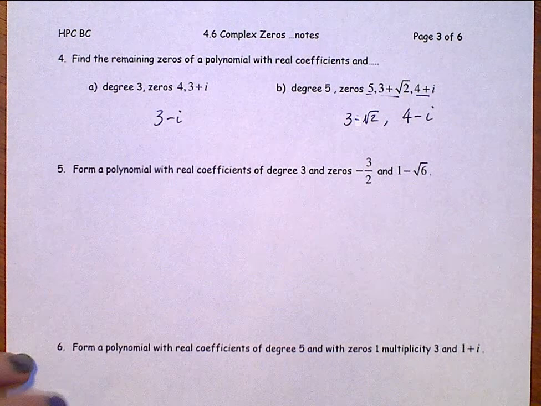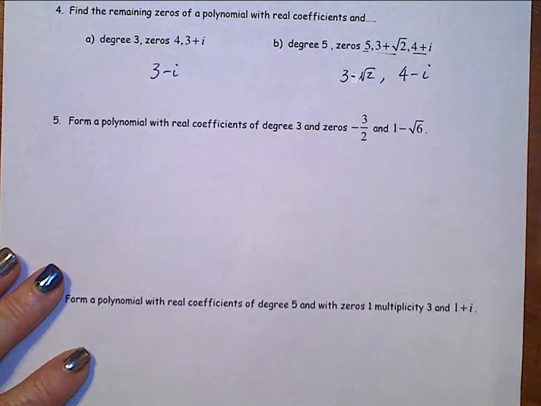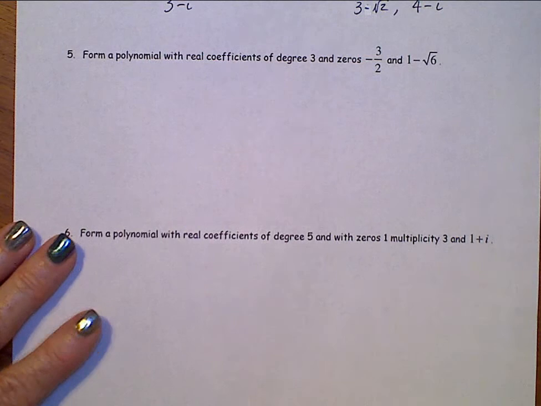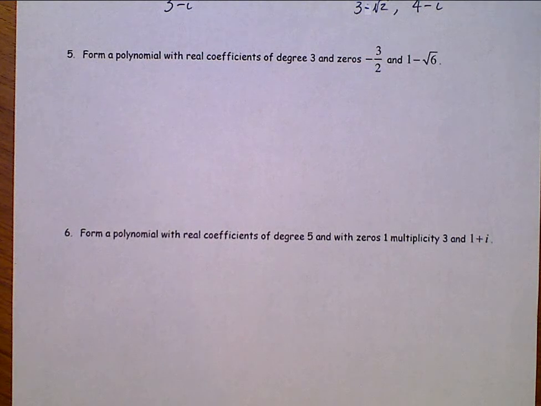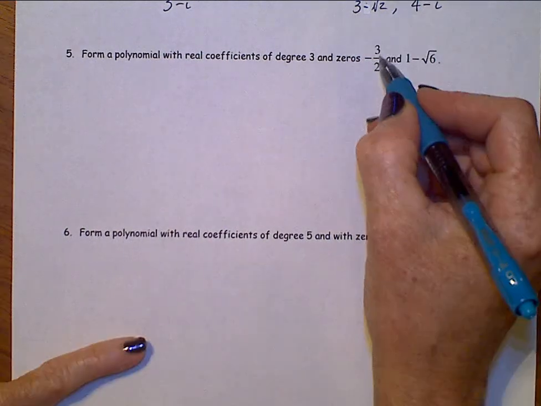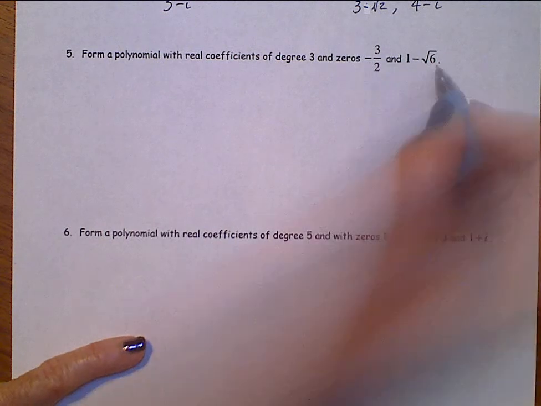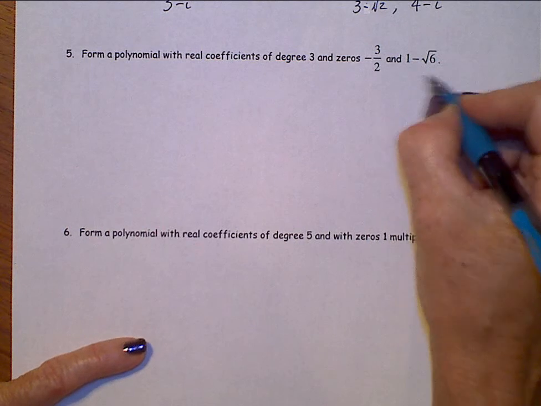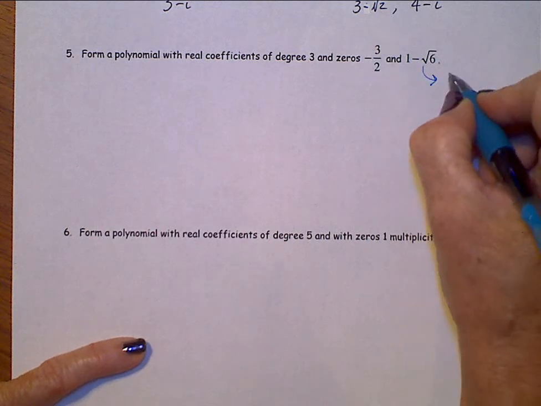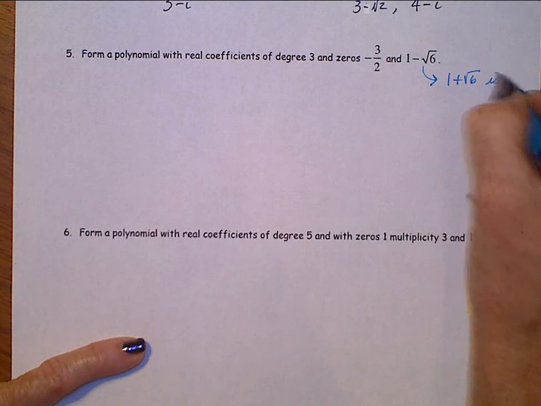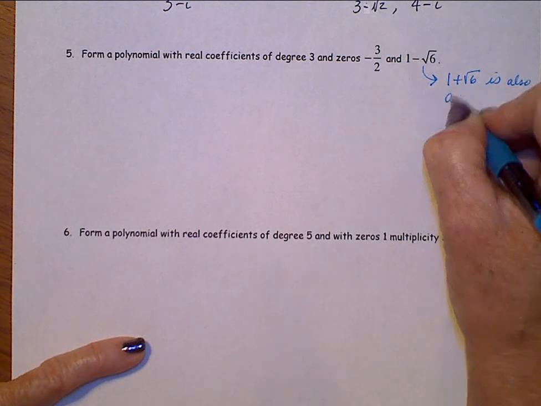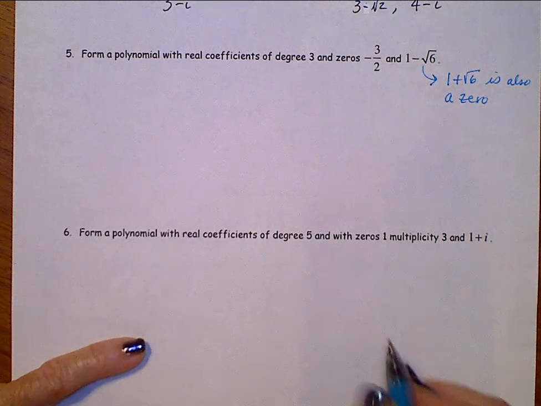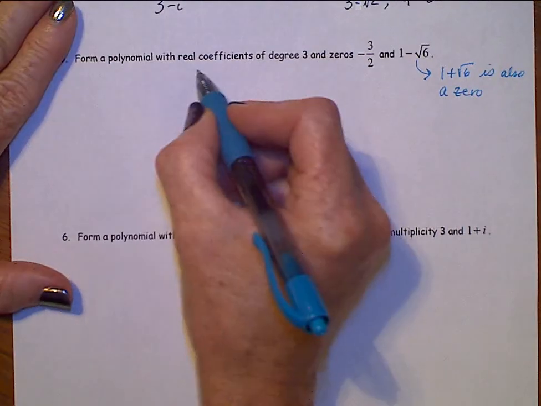All right, look at this one. Okay, I would like you to form a polynomial with real coefficients of degree 3. Zeros are negative 3 halves and 1 minus the square root of 6. All right, right here, once you see this one, this has to tell you immediately that 1 plus the square root of 6 is also a 0. All right, so now we're going to form a polynomial with real coefficients, degree 3.